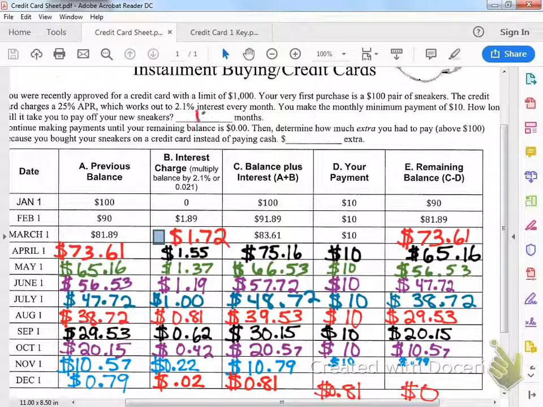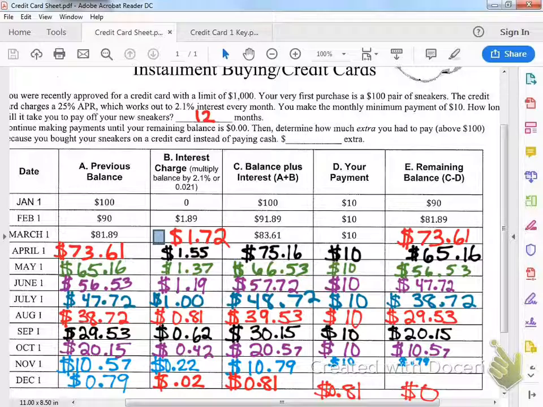Don't you still got to take $10 away? If you take $10 away, then they're going to owe you $9.19. That's what I did. Well, you don't pay more than you owe. Well, it just says determine how extra you have to pay above. Well, we're getting ready to do that part. But yeah, if your bill isn't more than $10, you would never pay more than you owe someone.